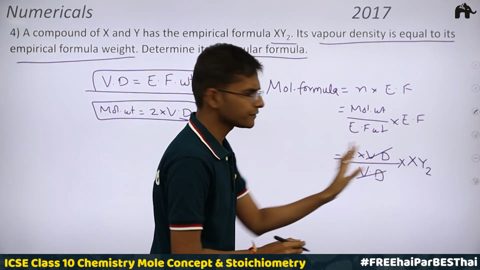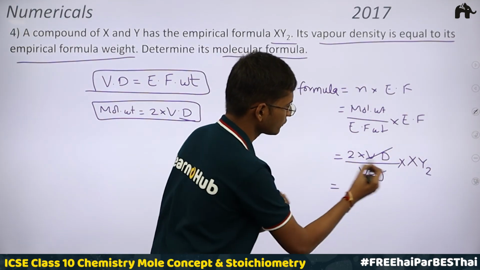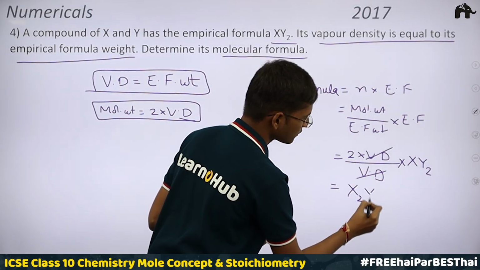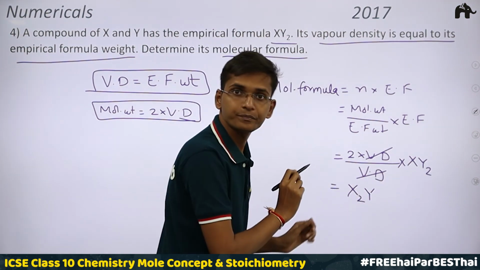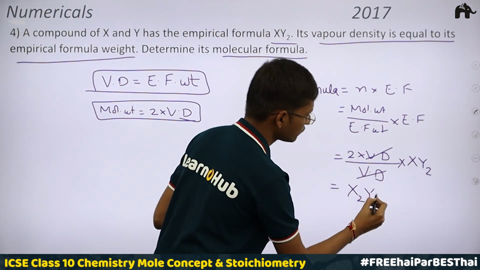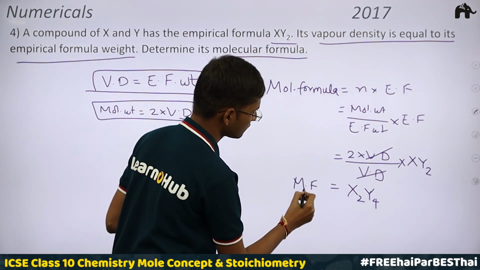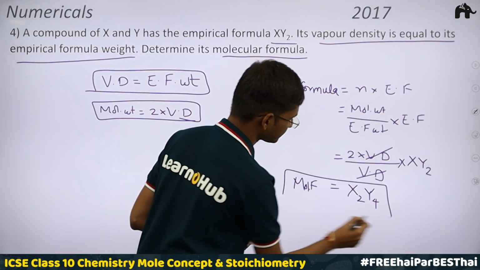Same logic: 2 into X is X2, and 2 into Y2, 2 2s are 4, so Y4. So X2Y4 becomes our molecular formula.